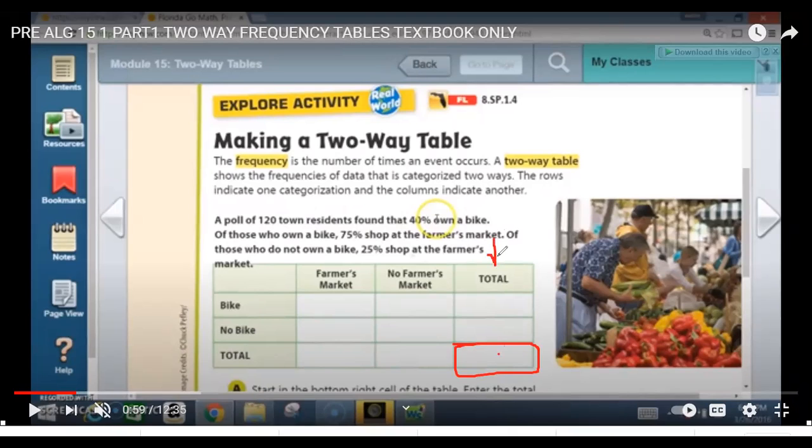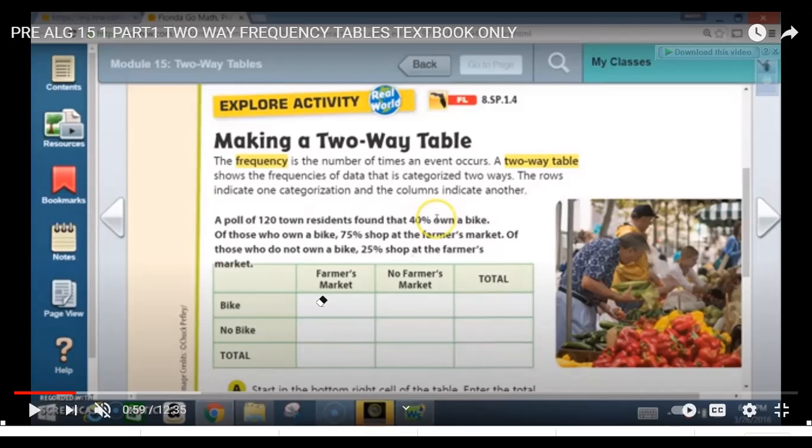If you want to be sure that your table is correct, you add the two columns and find the answer, and then you add the two cells in the row and they should be the same. If you have a different number, it means you have something wrong. So first you have to care about the total.